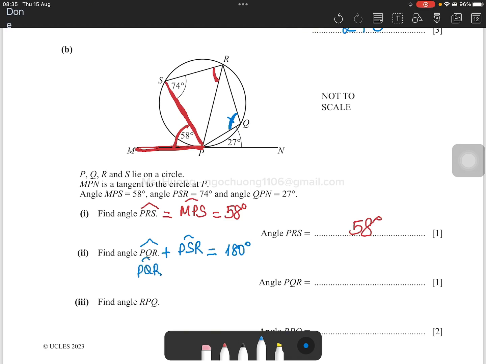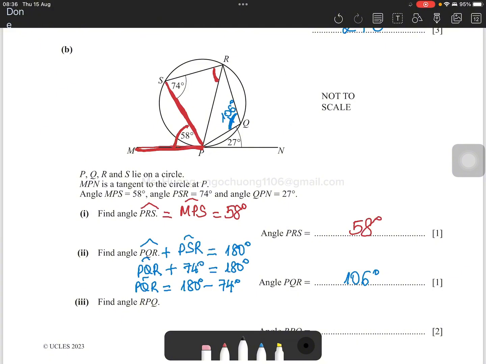Then PQR plus PSR, which is 74 degrees. So to find the value of PQR, we subtract 74 from 180. So the answer is 106 degrees.